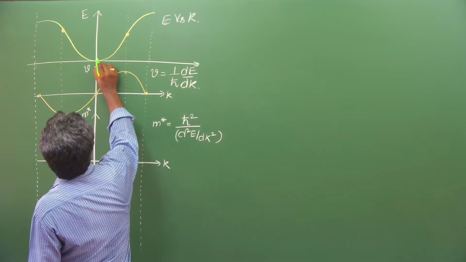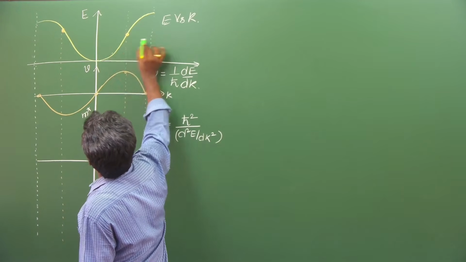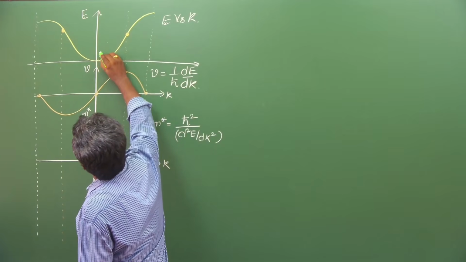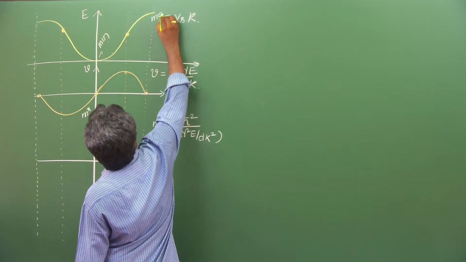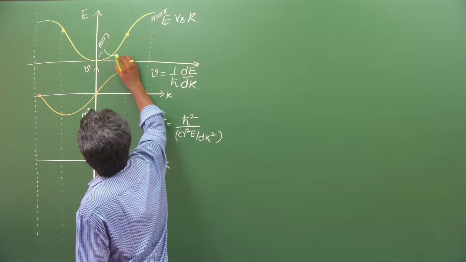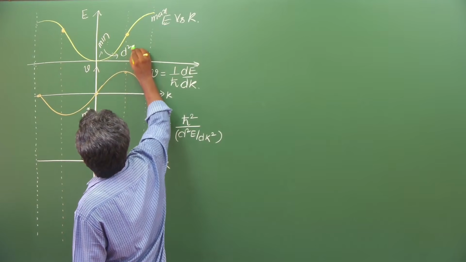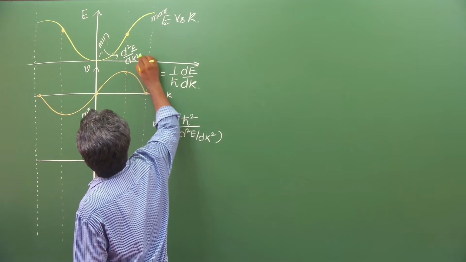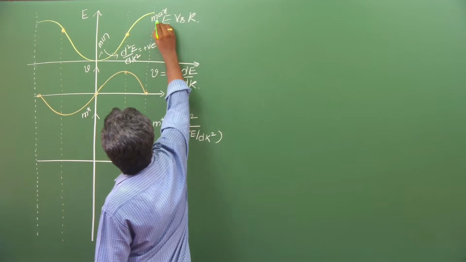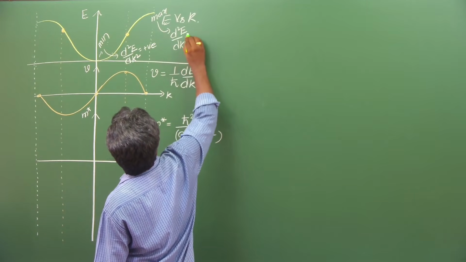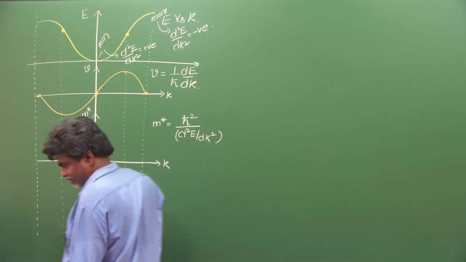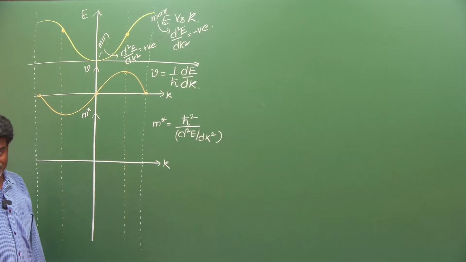Now this is the bottom of the curve, the bottom of E versus k. So here we have minima or maxima? Minima. Here? Maxima. If it is a minima, d square E by dk square is positive or negative? Positive. At the maxima, d square E by dk square is negative or positive? Negative. Say yes or no? And one more.